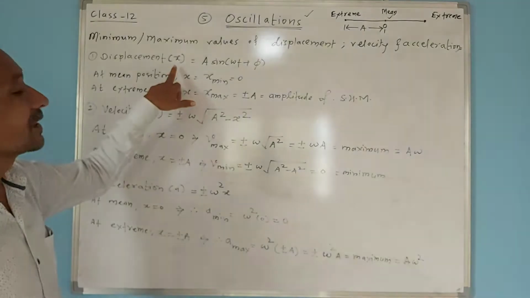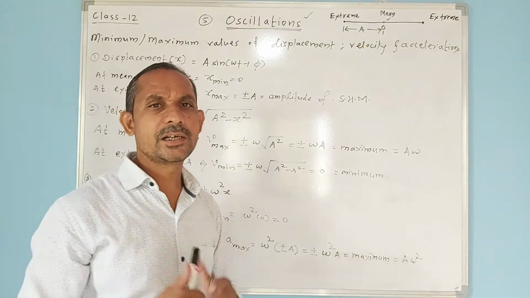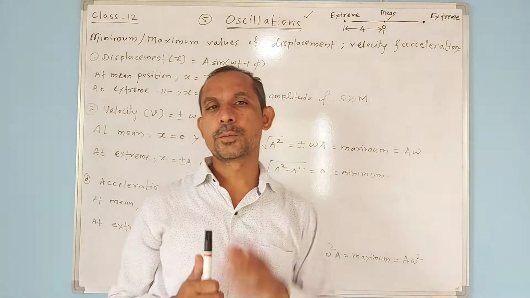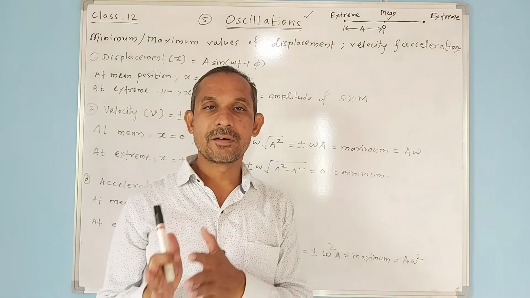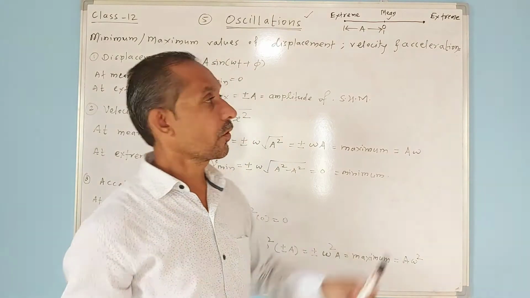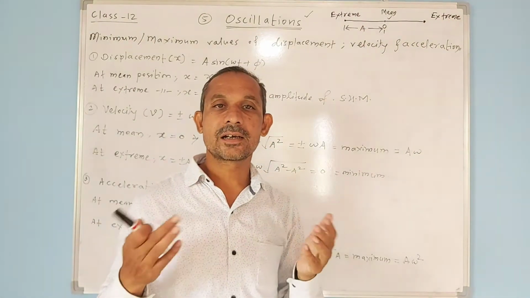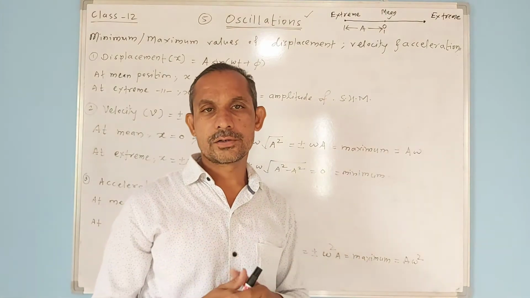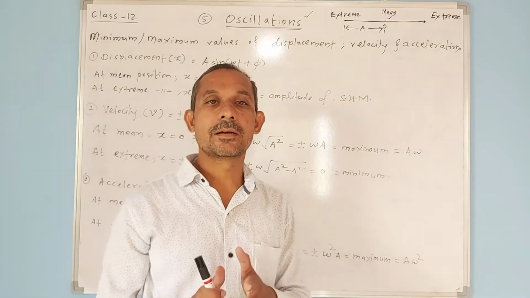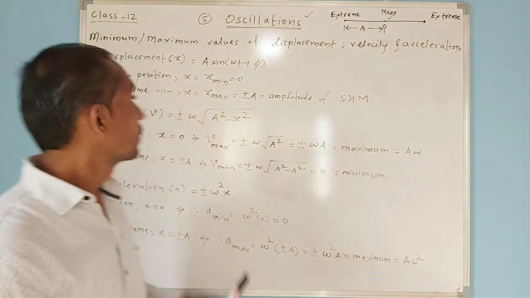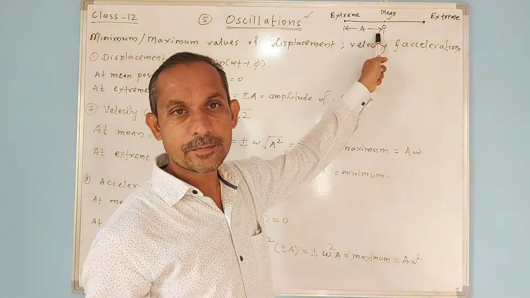But basically, we have to consider only two positions for simplicity, to decide the minimum and maximum values. From the mean position and the extreme positions, we can decide whether the values are minimum or maximum.